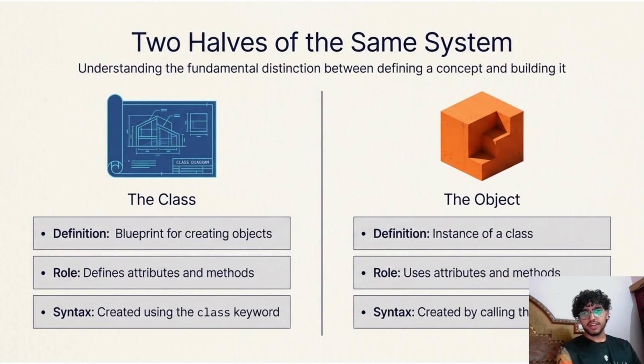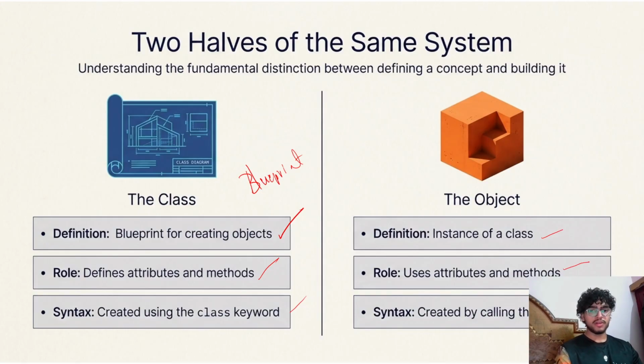Now, understanding the fundamentals, the distinction between a concept and building it. So first of all, a class, as I already told, is a blueprint for objects, right? It defines attributes and methods. It's created using the class keyword, and the definition of an object is that it's an instance of a class.